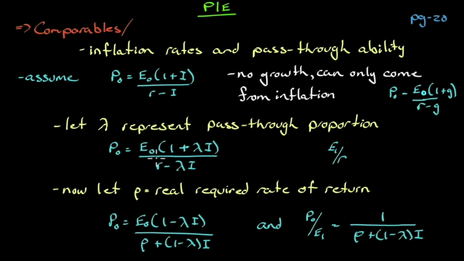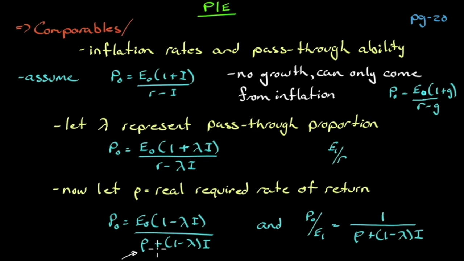So we're starting with a required rate of return that has inflation built in, and we're reducing it by how much can get passed through. Here, we're starting with no inflation whatsoever, and we're adding to it the component that cannot be passed through. So the inflation expectation on the bottom is just the inflation that's left over that we cannot pass through. That's all that is.